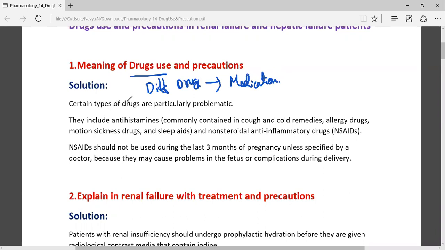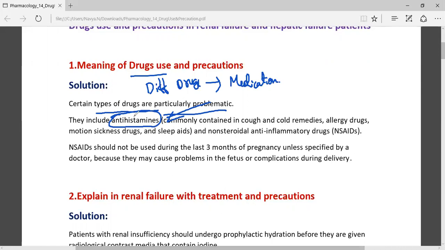Sometimes that may create a problem, that is, different types of drugs are particularly problematic. That includes antihistamines. One example is the antihistamines.